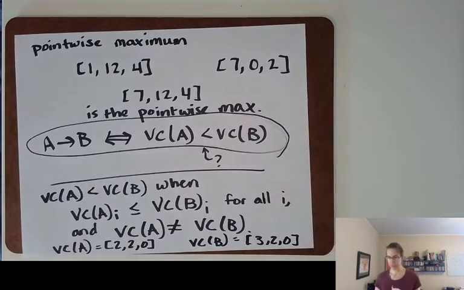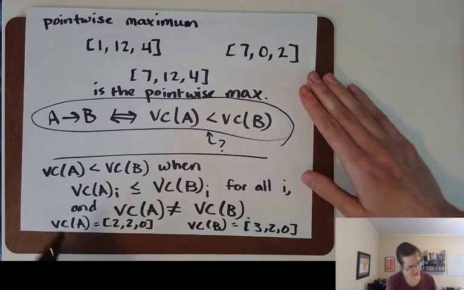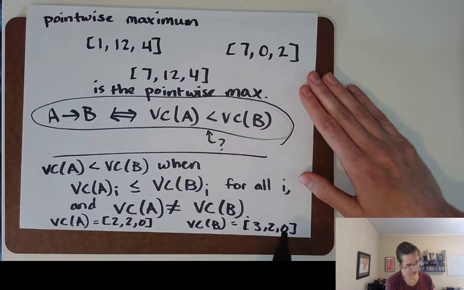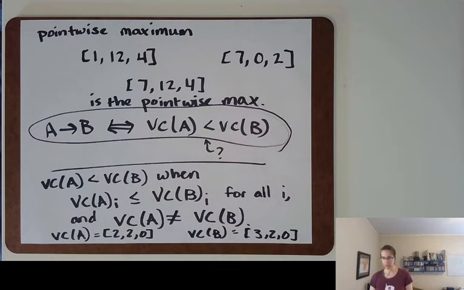Then that would be a case where we could say that the vector clock of A is less than the vector clock of B, because the vector clock of A is less than or equal to the vector clock of B in all the positions, and also they're not the same. So that's how we compare vector clocks.